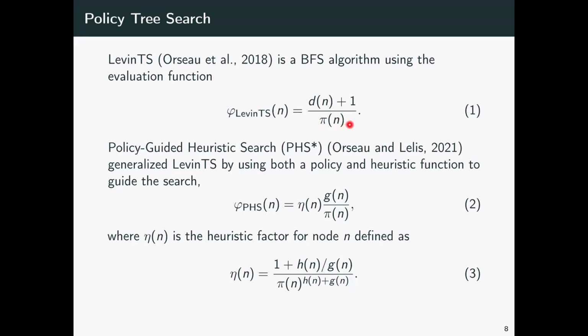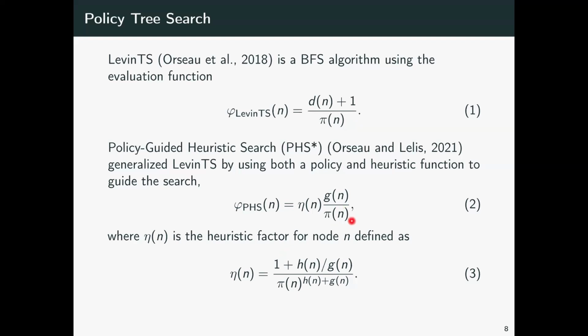But if you're familiar with a tree search algorithm like A star, the cost function uses the path cost of that node, so g, plus a heuristic value, which is an estimate of the cost to the goal, h. So we can do something similar, and this is how you can think about PHS: g of n and pi of n are the path cost and the path probability for the node that you're looking at.